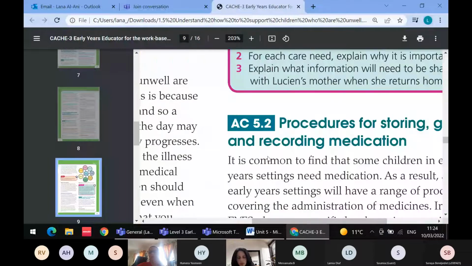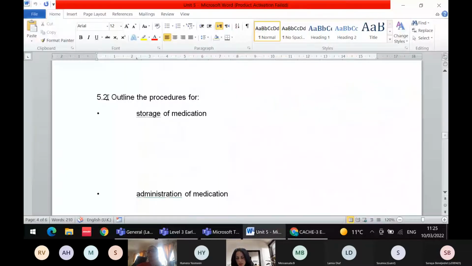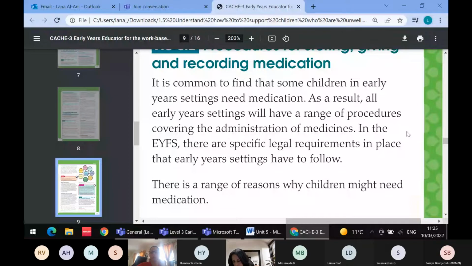So now, if we answer this question, 5.2, outline the process of storage of medication. Do we know anything about the storage of medication? Medication should be stored away from the kids, and we also need to label all the medicine.